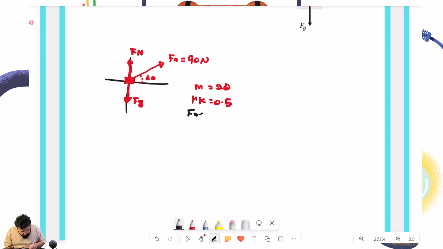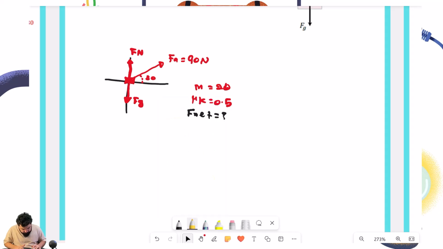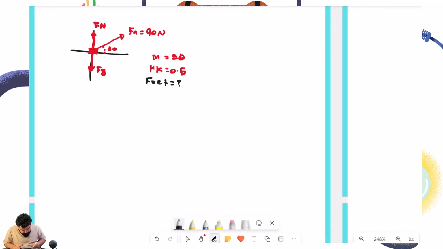The F net is equal to what? Now this is pretty easy, and you just have many forces to deal with. You know what? Let's make this one bigger. I'm not going to do this on the other one. You know that this FA is going to be analyzed into two components.